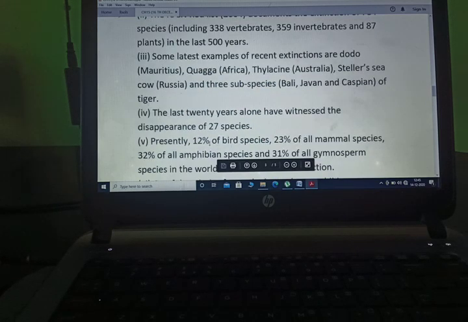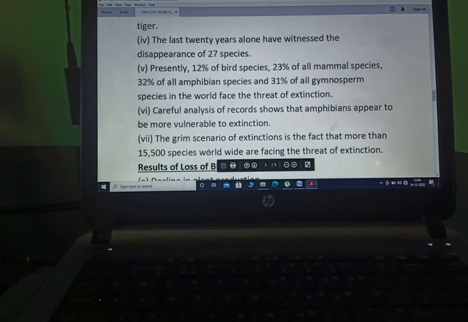Some latest examples of recent extinction are dodo from Mauritius, quagga from Africa, thylacine from Australia, Steller's sea cow from Russia, and 3 subspecies, that is Bali, Javan and Caspian, of the tiger. The last 20 years alone have witnessed the disappearance of 27 species.